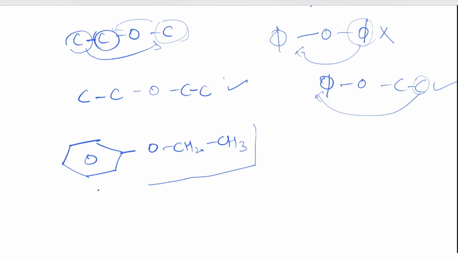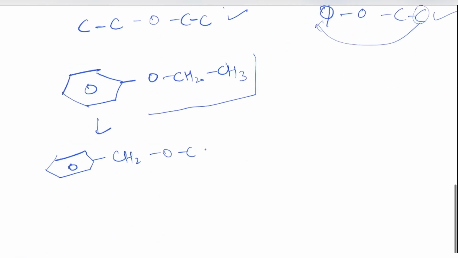So let's draw different meta-isomers for this. If I were to shift this carbon here, then I will get this. So the functional group stays the same, but the number of carbon atoms on both sides changes. So this is a meta-isomer of this.